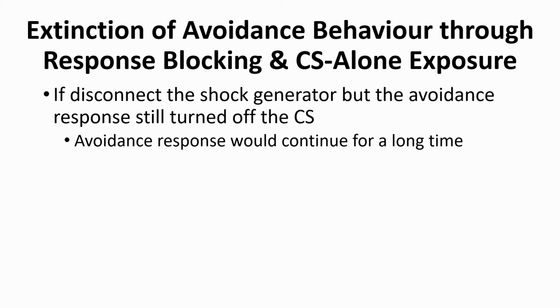The problem that you might be seeing with this, from what we've just spent the last couple of slides learning about, is that unplugging that shock generator will remove our unconditioned stimulus, the shock, from our equation, but it leaves everything else as part of that setup pretty much untouched, which means that the avoidance response of, say, running to the other side of the shuttle box enclosure would still turn off the conditioned stimulus. So it would still either turn off the light or the tone that was signaling that a shock was coming.